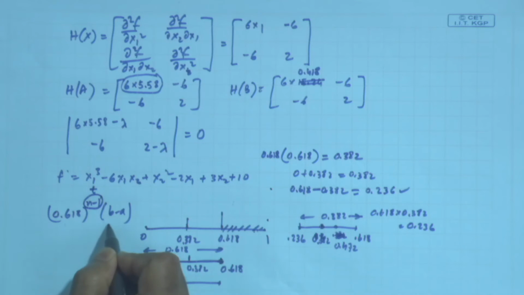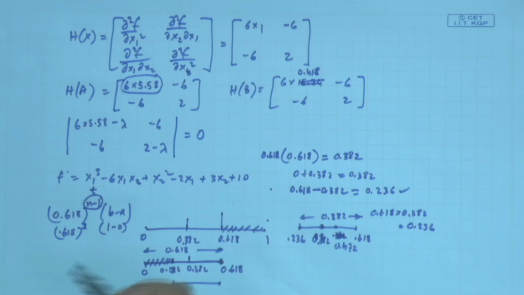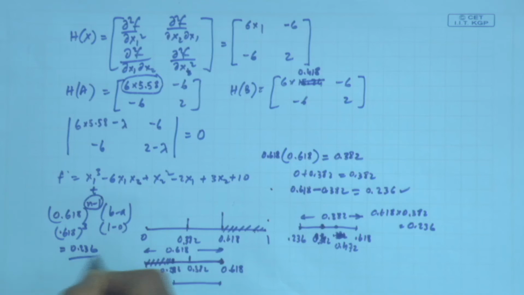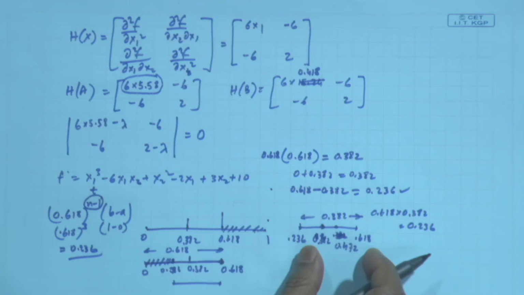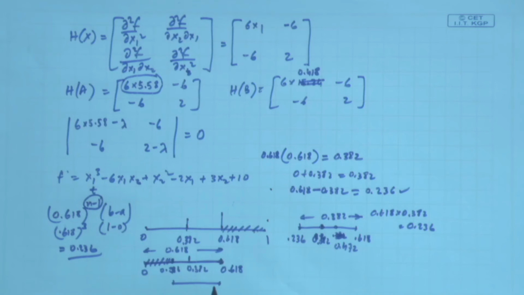So b is 1 in terms of y and a is 0. So 0.618 to the power 3 times 1. How much is that? Compute that through your calculator. So your range after 3 iterations should be 0.236, is it? When you take the difference between 0.382 and 0.618, it will be 0.236.